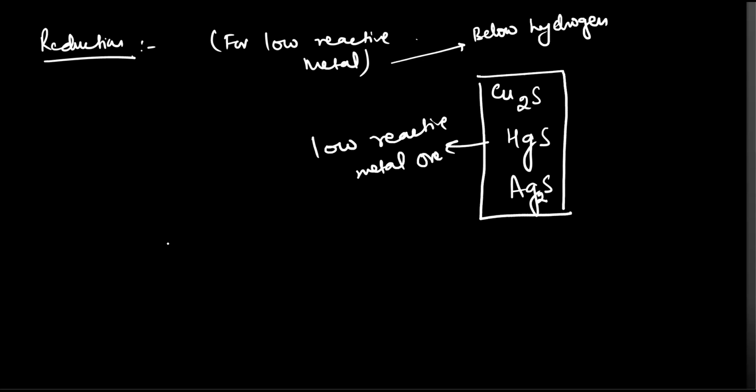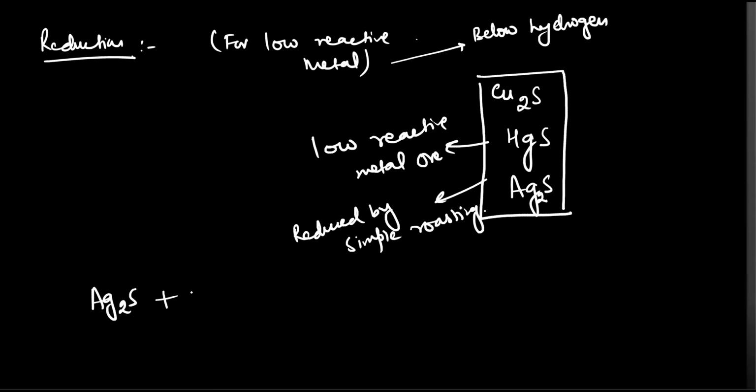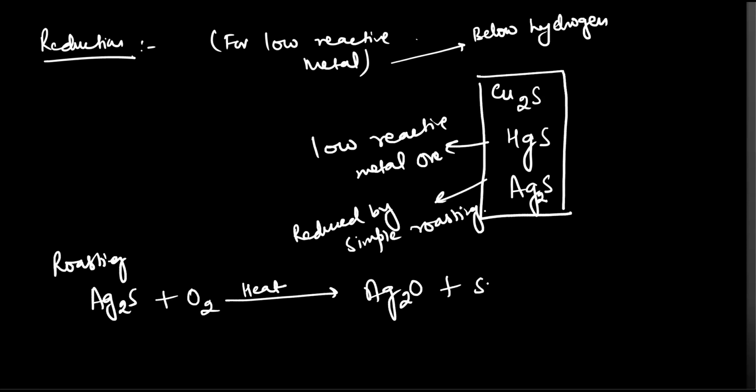They can be reduced by simple roasting. If you roast them, they can simply be eliminated. For example, if you have Ag2S and heat it in the presence of oxygen, that is roasting. It will first convert into Ag2O and sulfur dioxide.